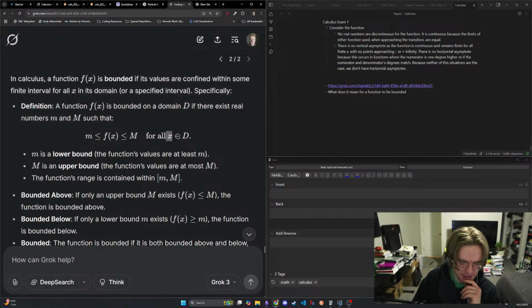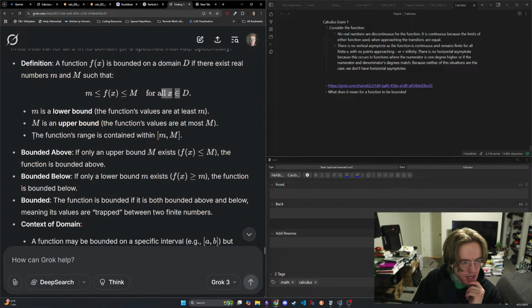For any x within our domain, which I assume would be negative infinity to positive infinity, f of x will always be greater than or equal to little m, and f of x will always be less than or equal to big M. And that's for all x within our domain.